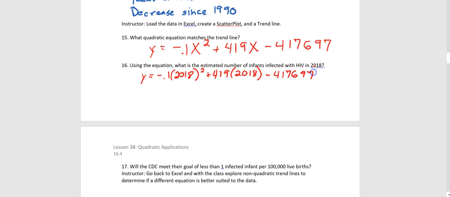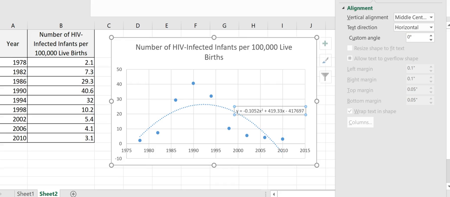Definitely grab your calculators. Okay, so we all came up with some large number, and I got y equals 20,612.6. The reason why that's happening, if we look at our graph, is we can see that the parabola doesn't fit our values very well at all.